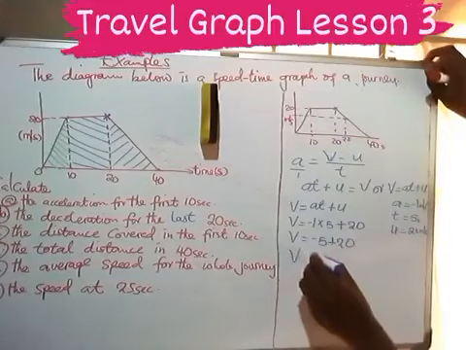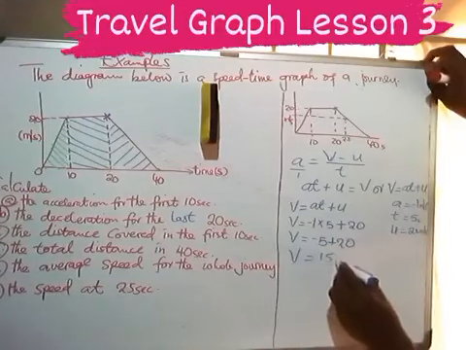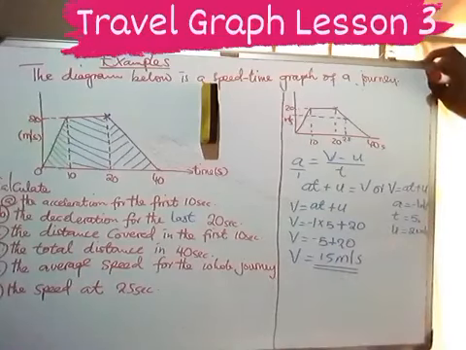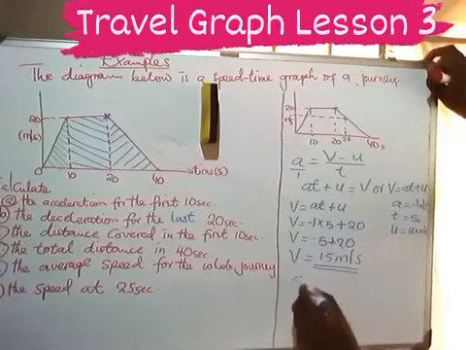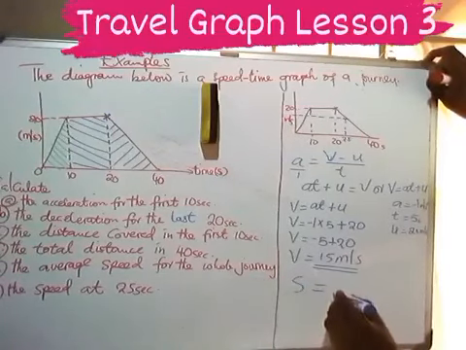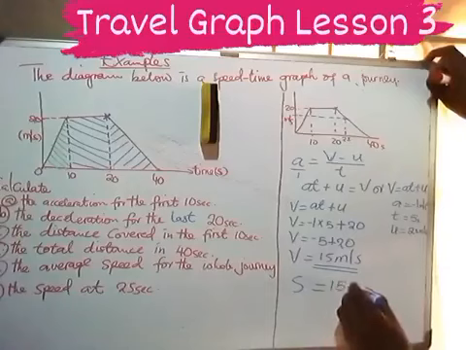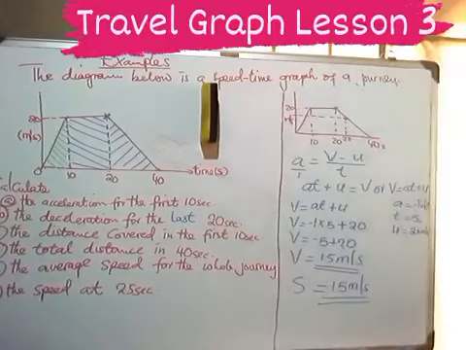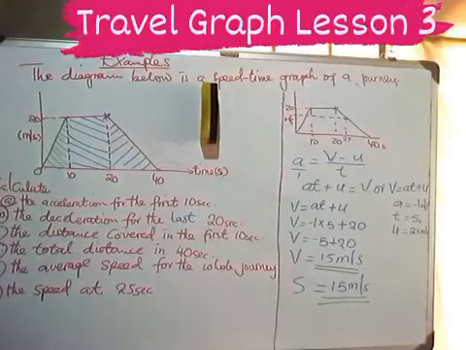Now -5 plus 20 is 15. So meaning we have 15 meters per second. You can use v, or you say the speed s, which stands for speed, which will be 15 meters per second. So this is our answer for that question.